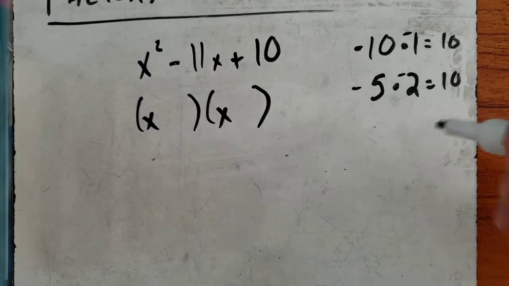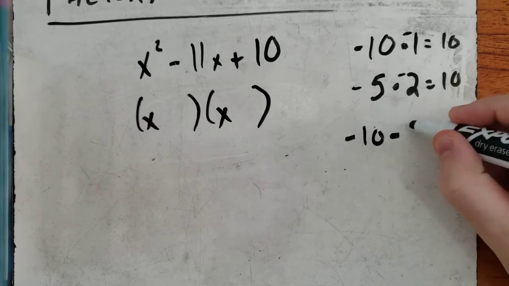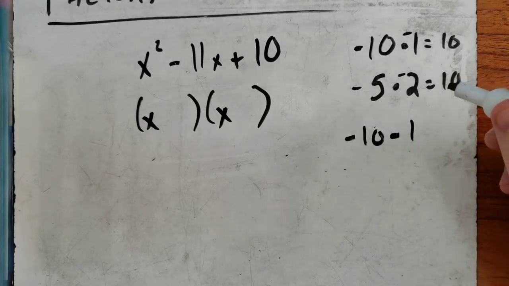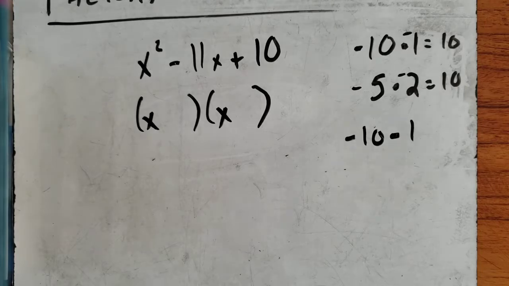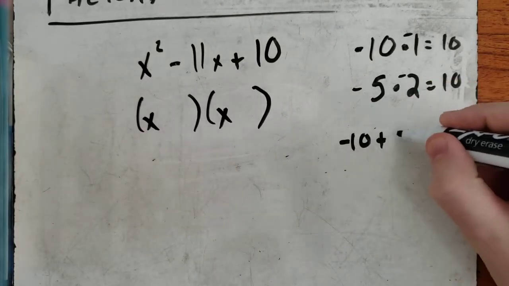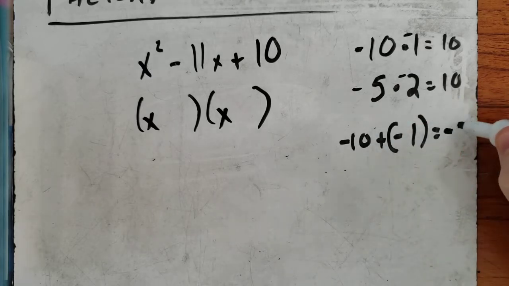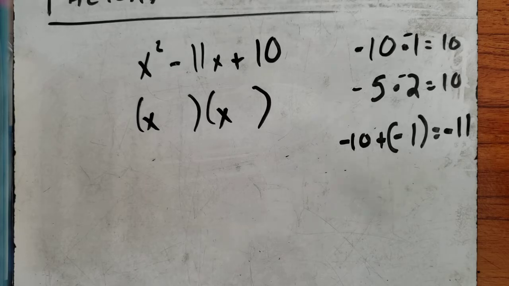But when we combine those, when we're doing negative 10 minus 1, or even if you want to do a negative 10 plus a negative 1, you're going to get a negative 11.